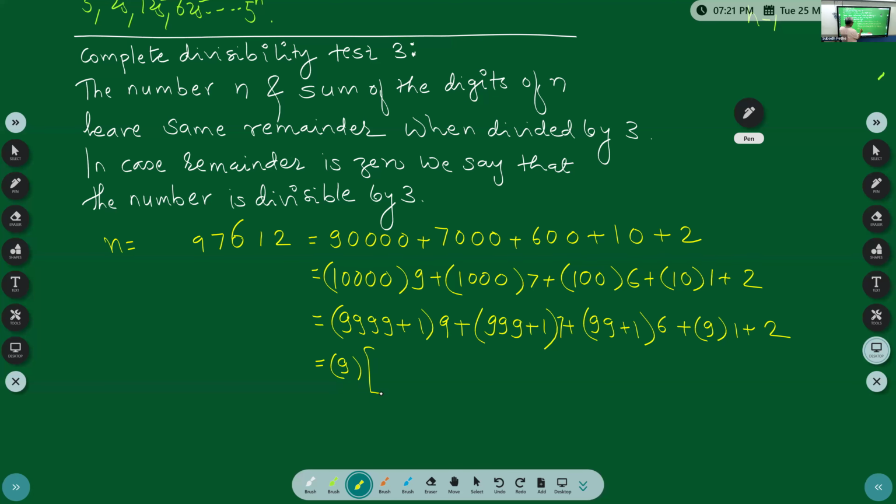Inside the bracket 1111 into 9, plus 111 into 7, plus 11 into 6, plus 1 into 1, bracket complete, plus 9 plus 7 plus 6 plus 1 plus 2.